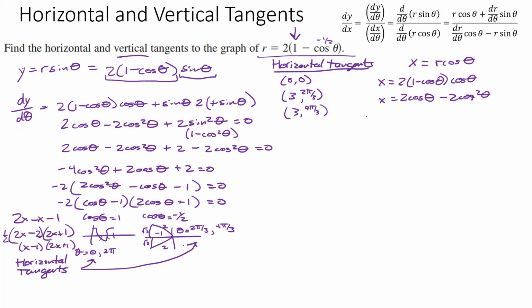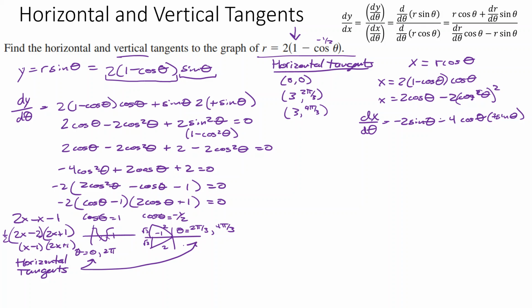And then we take the derivative, dx d theta. So the derivative of 2 cosine is negative 2 sine, minus, and you've got to do this as a chain rule for cosine of theta squared. So we'll get 4 cosine of theta times the derivative of the inside, which is a negative sine of theta.